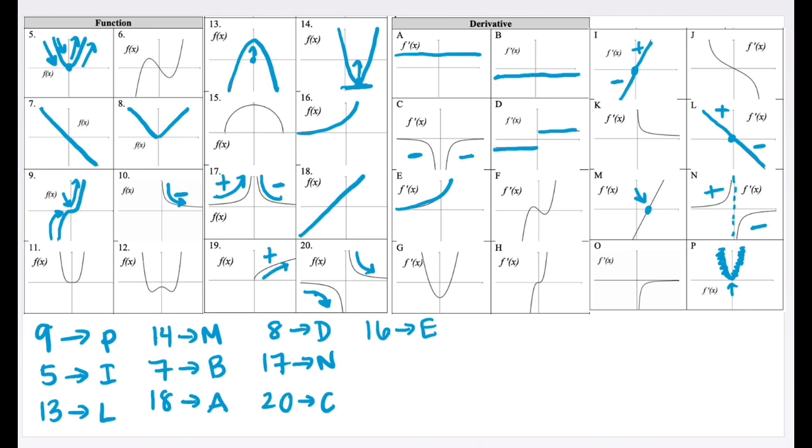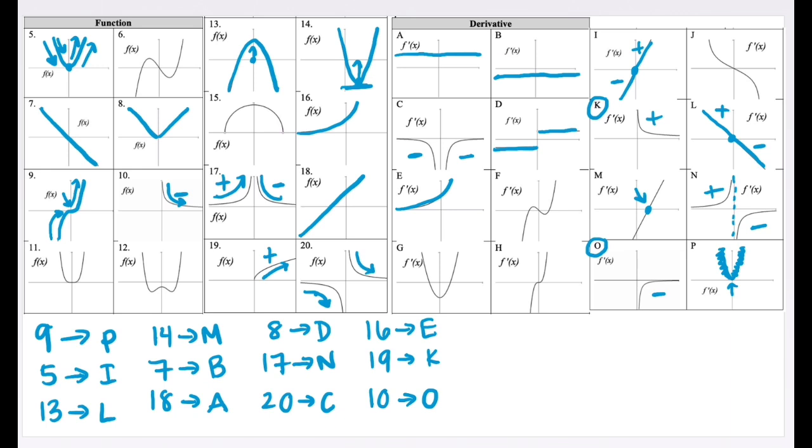So when I look at the derivatives, I'm looking at K and O, but K is positive and O is negative. So K is actually going to match up with 19 because it has a positive slope. And 10 is going to match up with O because it is negative.